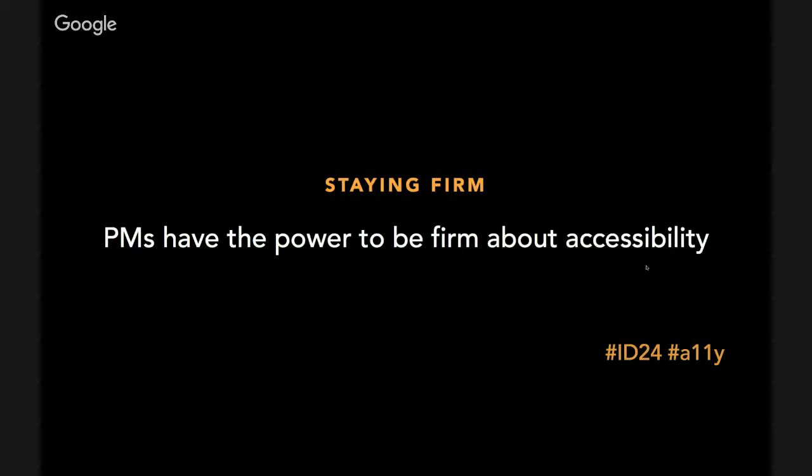And then that last principle for PMs in terms of accessibility is just to stay firm. You do have the power to be firm about accessibility, and I've seen this play out on projects where I've been able to introduce the concept of accessibility early on in a project, and everyone agree to it.